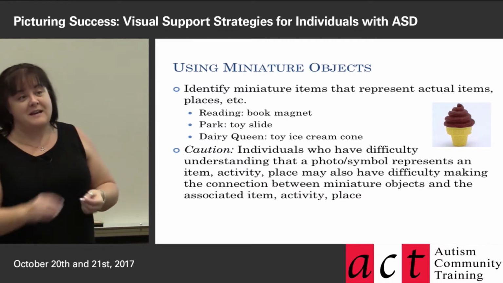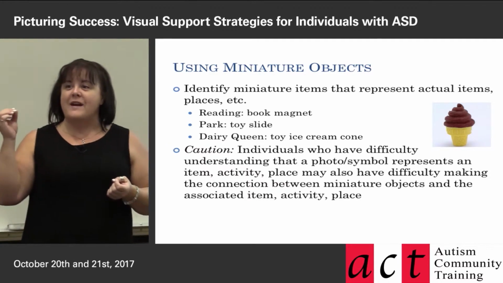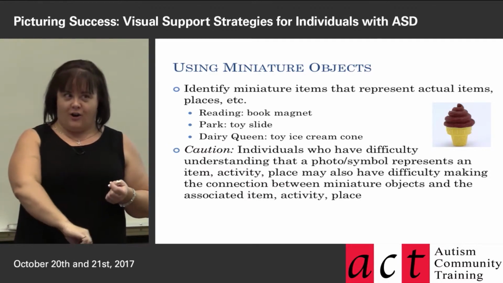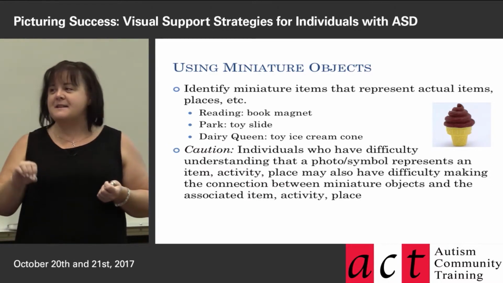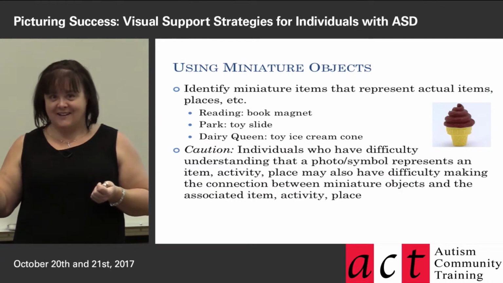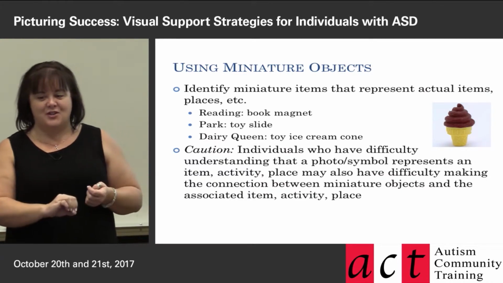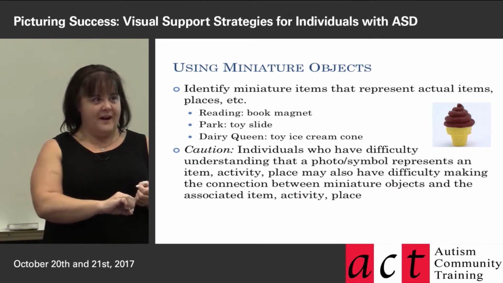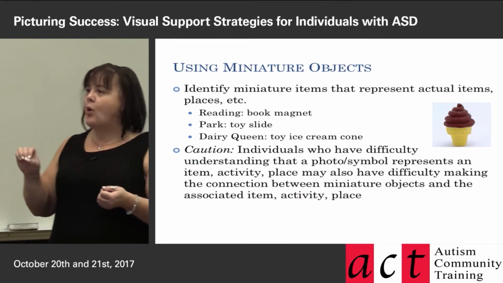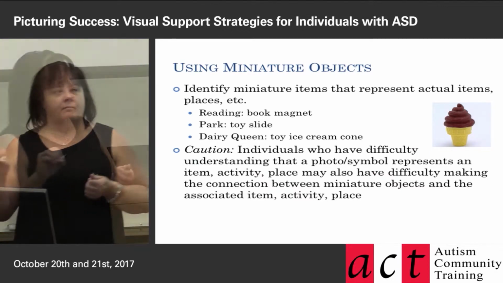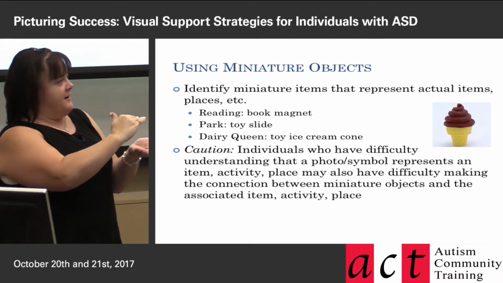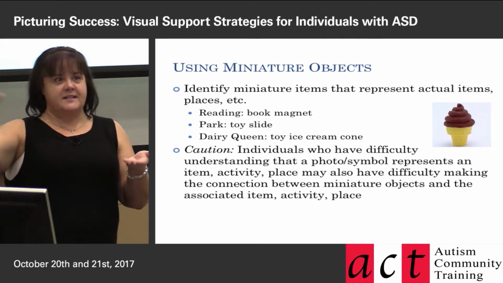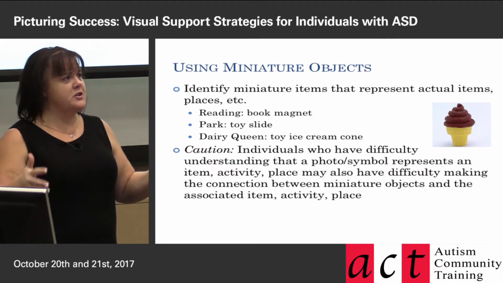The thing that you have to be careful about, and this is where we need to get in the head of our learner, is that just because the miniature makes sense to us doesn't mean it makes sense to the individual, right? So think about the toy slide. We look at the toy slide, and we're adults, and we've got decent language skills.